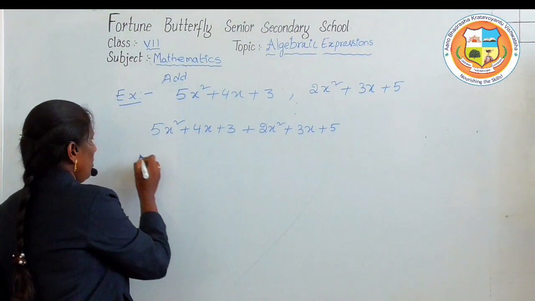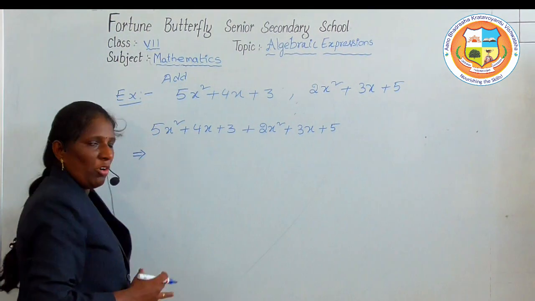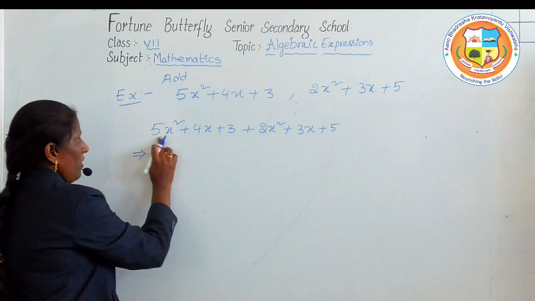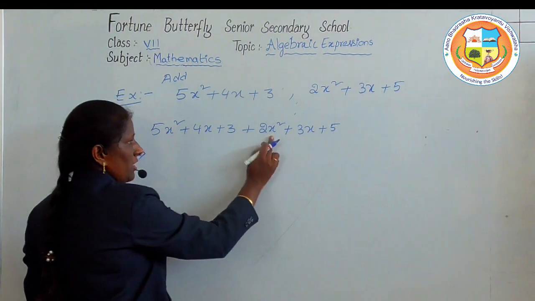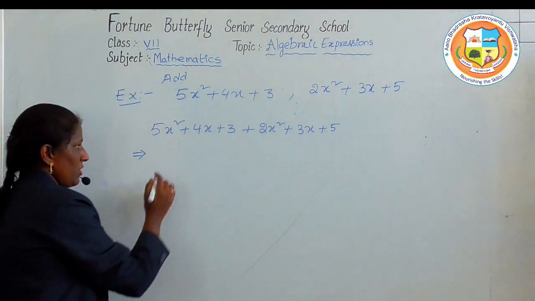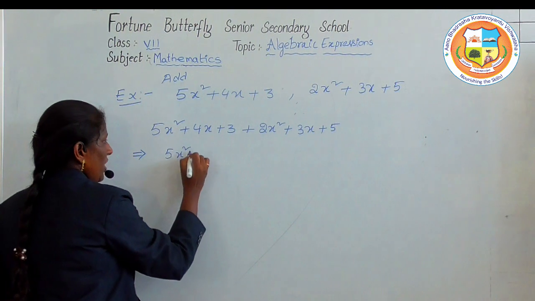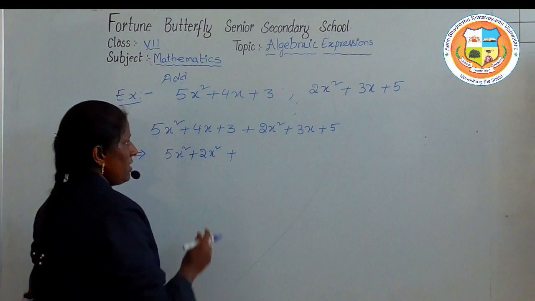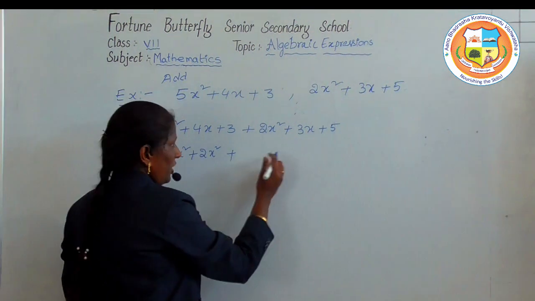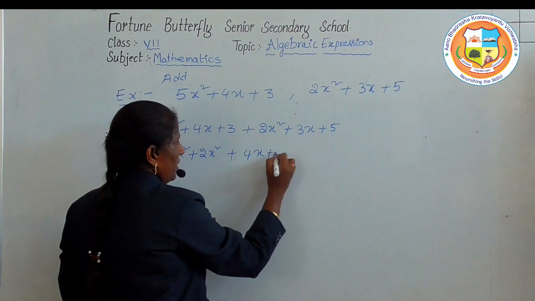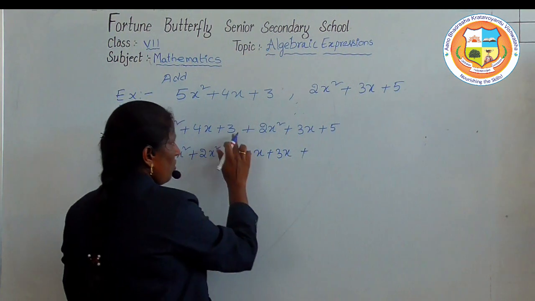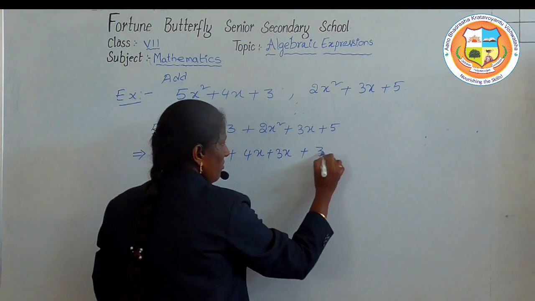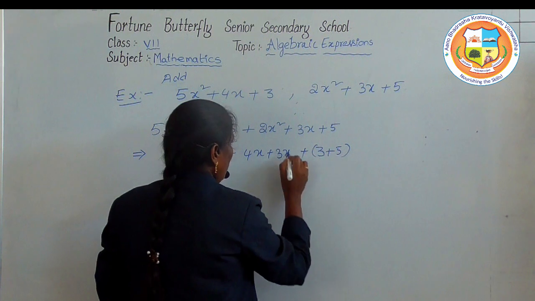Next, write a group of like terms. Here 5x^2 is there, and here also 2x^2 is there. These two terms are like terms. Write down the group of like terms: 5x^2 + 2x^2, next 4x and 3x are like terms, 4x + 3x. Next the constants, 3 + 5.